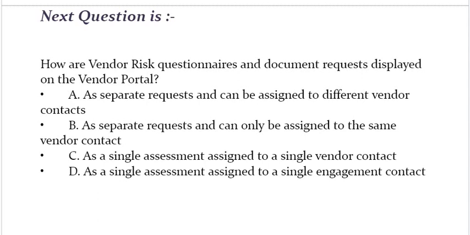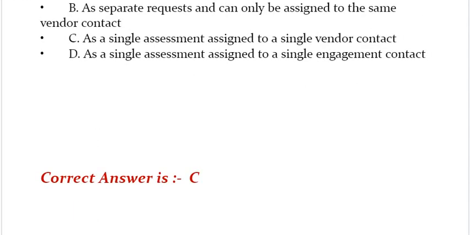Option B, as separate requests and can only be assigned to the same vendor contact. Option C, as a single assessment assigned to a single vendor contact. Option D, as a single assessment assigned to a single engagement contact. Correct answer is option C.